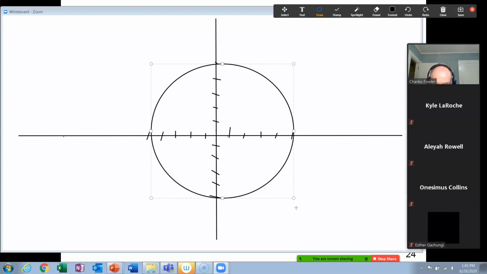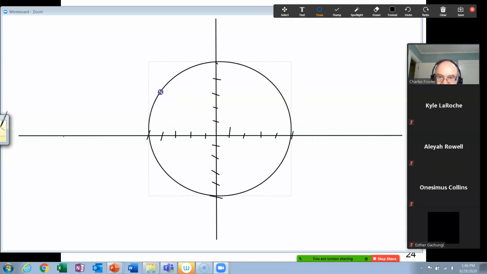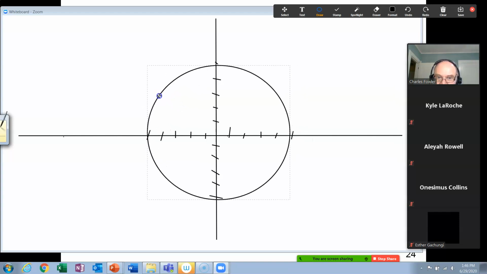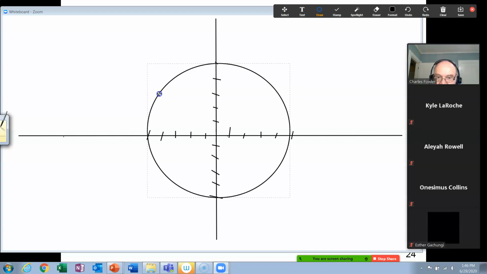Now what we're going to do is cut a hole of radius 3 in that. So radius 3 would be here. Now that's doing what I wanted to do before, but I didn't think I could do it easily.